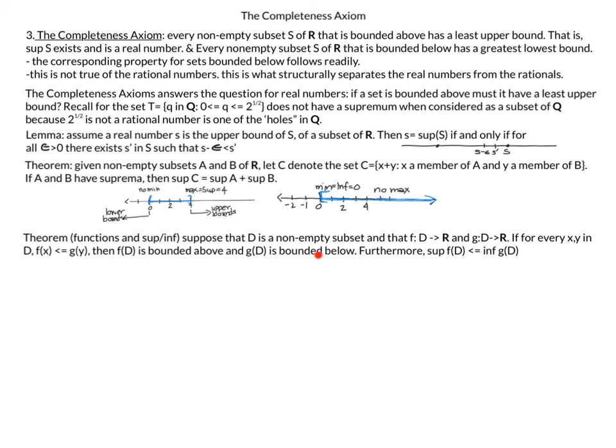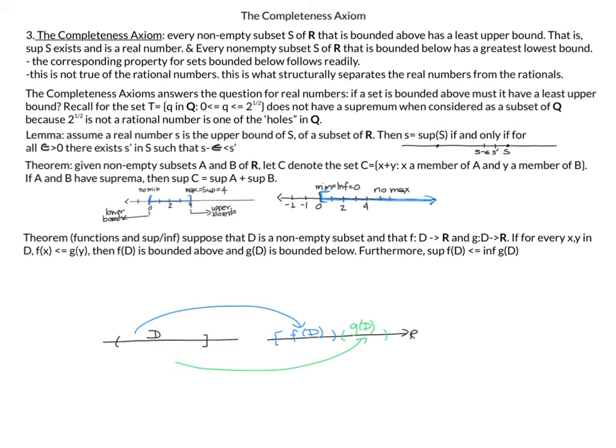And g of D is bounded below, since every f of x is less than g of y. Furthermore, sup of f of D is less than or equal to inf of g of D, which is kind of strange, but actually it's not when you look at this: the largest value of f is going to be still smaller than the smallest value of g.